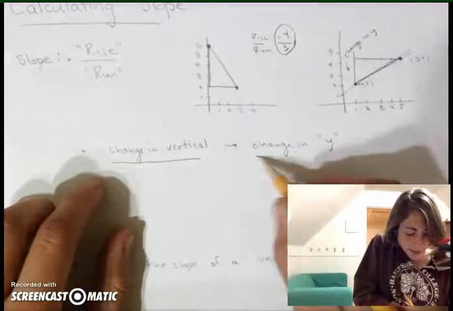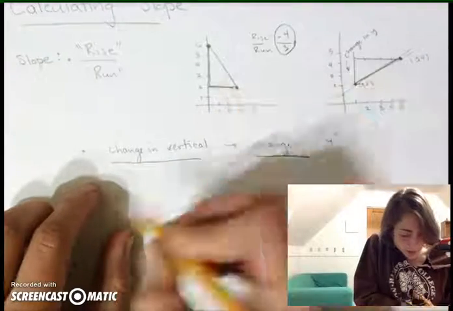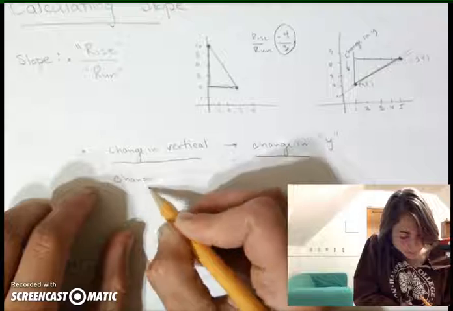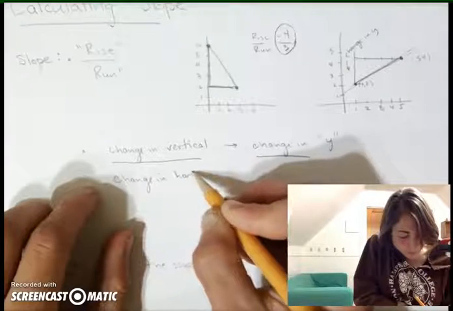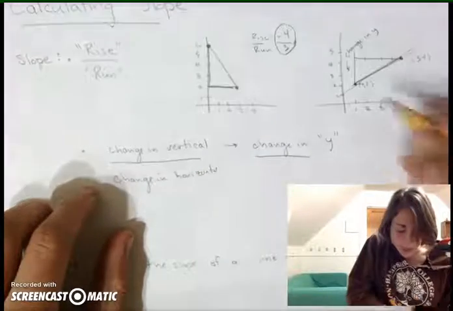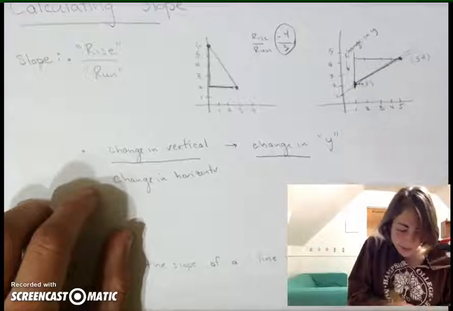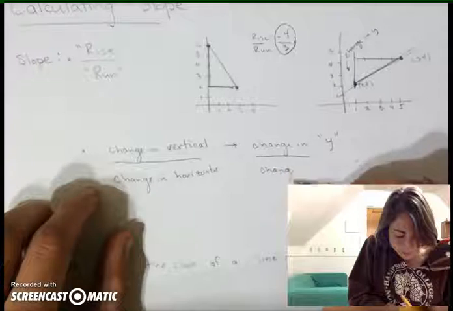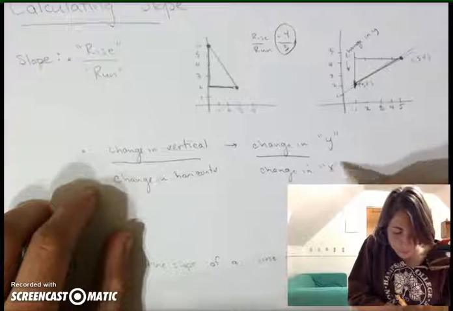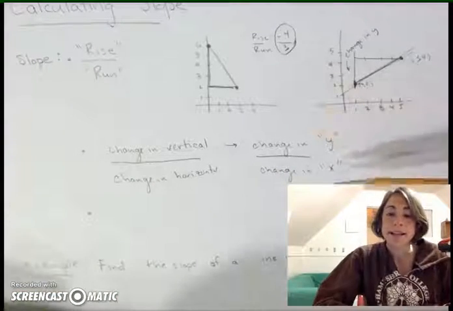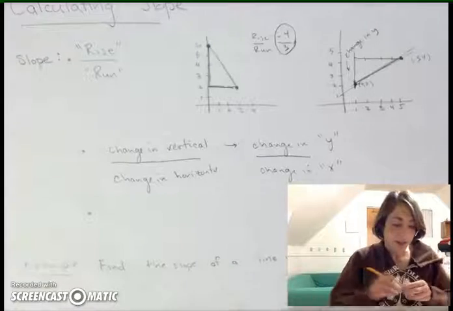And then we divided that by the change in the horizontal direction, which is the change in x. We went from 1 to 5, and that was 4. So these geometric ideas now give us an algebraic way to interpret slope.